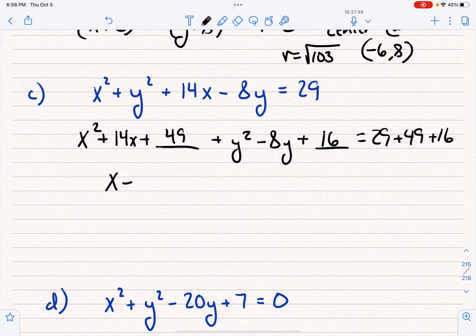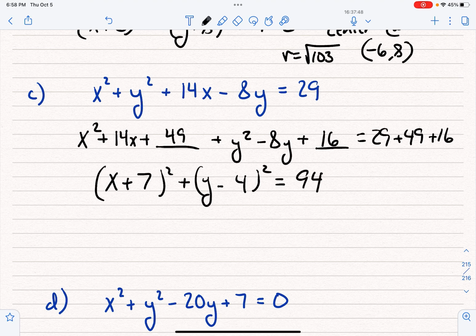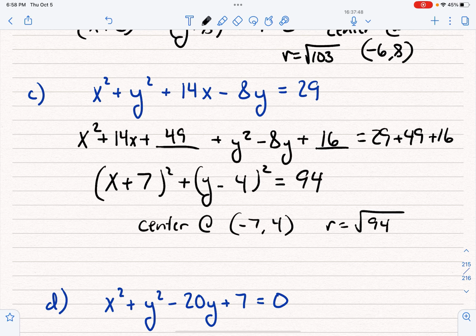So this is going to factor down to (x plus 7) squared plus (y minus 4) squared equals 29, and 49 gives me 78. 78 plus 16 is what, 94? What an ugly number. I think that's right. We'll pretend it's right, whether it is or not. And so therefore the center is at (-7, 4), and the radius is the square root of 94.